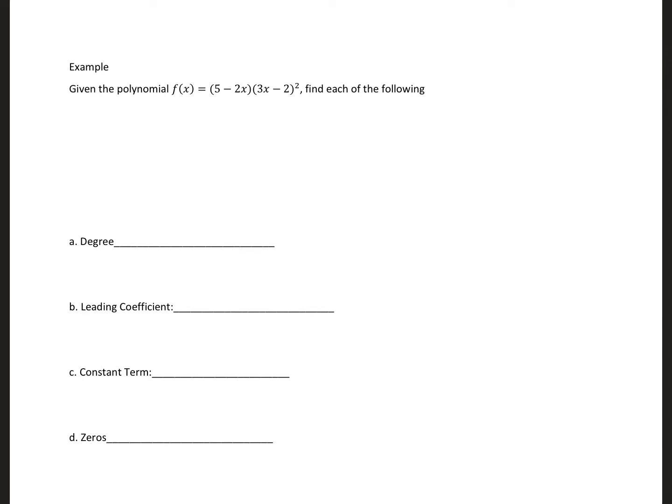So to put this into our general form, we need to multiply it out. So this is really like 5 minus 2x, and then 3x minus 2 squared says 3x minus 2 times 3x minus 2. And we're going to multiply this polynomial out.